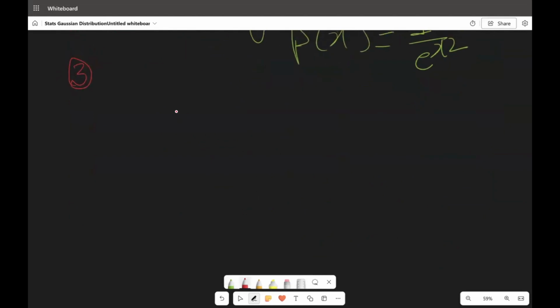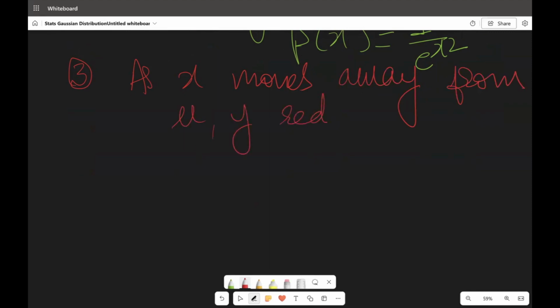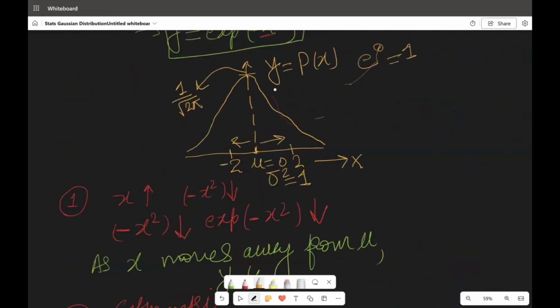My third conclusion is, as x moves away from mu, y reduces exponential of minus x squared. Now let's understand what this fall actually means with a small example.